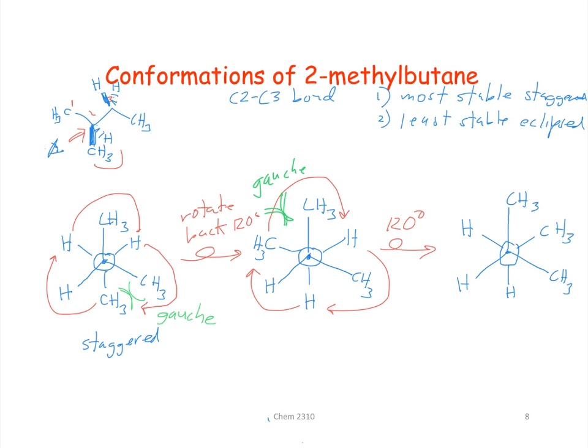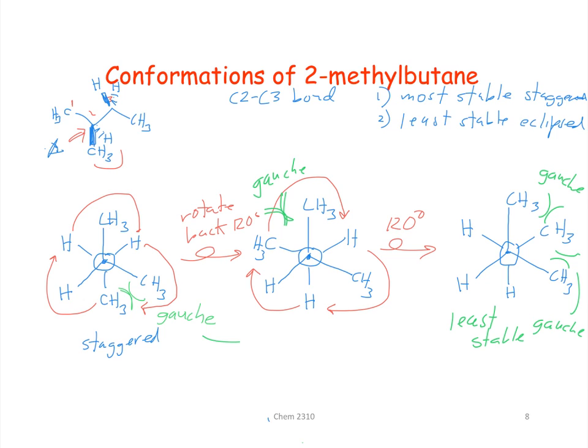So now let's look at the last one. Okay, look at here. There's a gauche. Oh, and look, there's another gauche here. So this one has two gauche interactions. So this is the least stable.